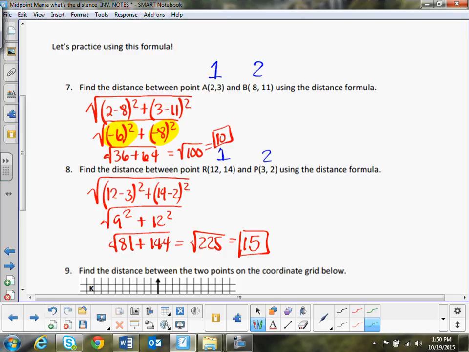Think about it. If you're saying negative 6 squared, what does that really mean? Negative 6 times negative 6. What's a negative times a negative? Positive. So anything that is squared, guys, is always going to come out positive.